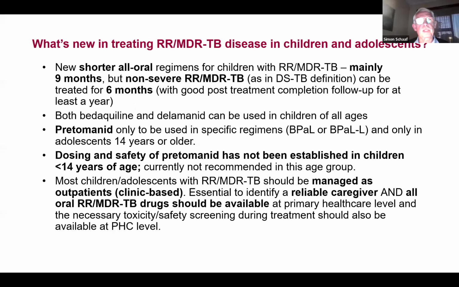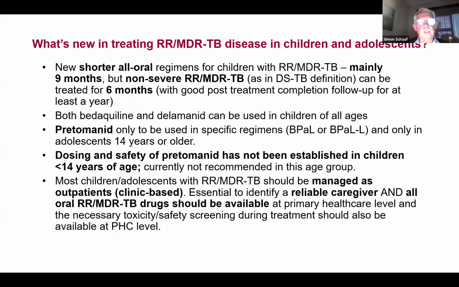What's new in treating rifampicin or multi-drug resistant tuberculosis and disease in children and adolescents? So now we do have shorter all oral regimens for children with RRTB, mainly 9 months, but in non-severe RRTB, as in the case of drug-susceptible TB with non-severe disease, the same way of deciding on non-severe TB.